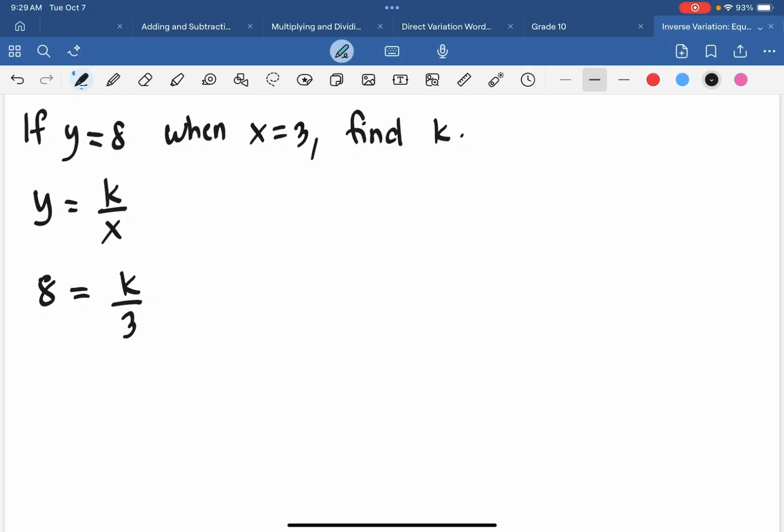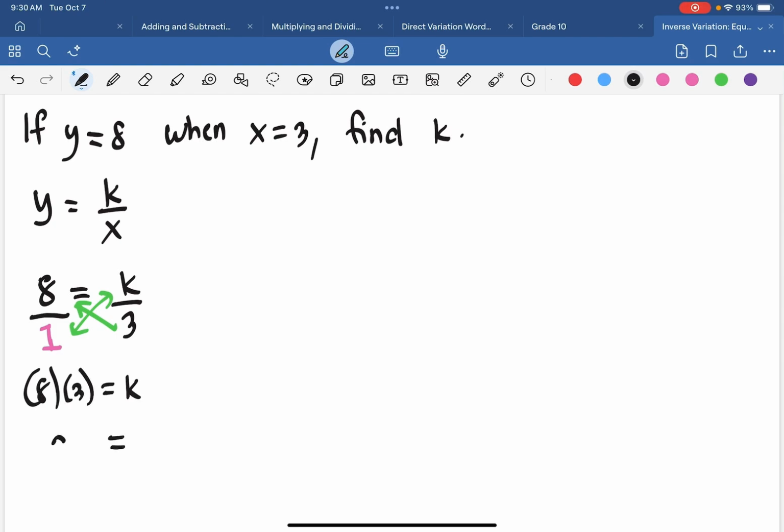Again, 8 as a rational number is also a fraction, 8 divided by 1, an invisible 1. So again, all you need to do is cross multiply. Or you could just directly have it as 8 times 3 equals k. And 8 times 3 is 24. That means this is the value of our constant. This is what we are looking for.